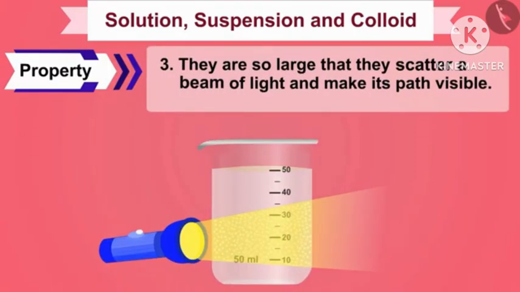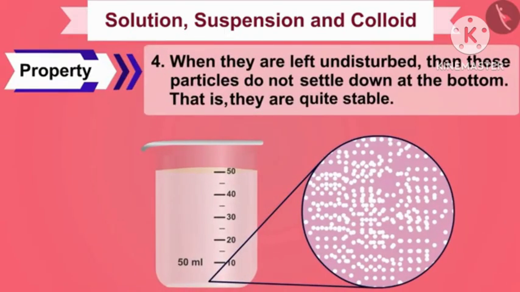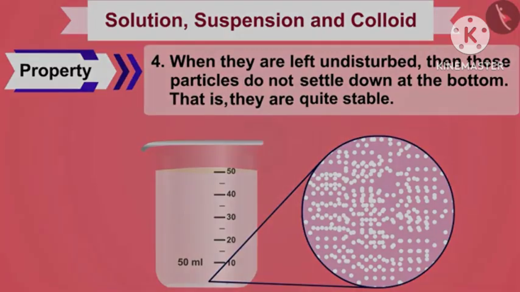They are large enough that they scatter a beam of light and make its path visible. 4. When they are left undisturbed, these particles do not settle down at the bottom. That is, they are quite stable.